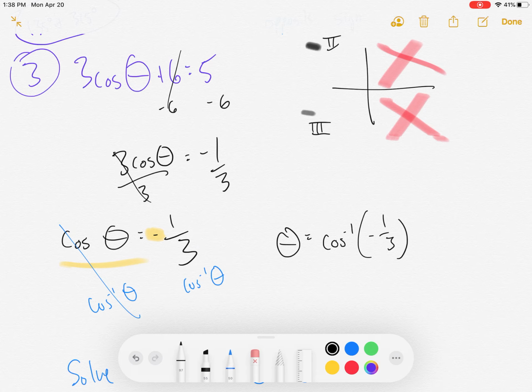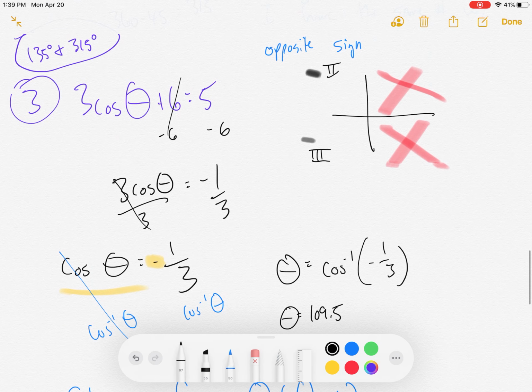So on that calculator, hit the cosine -1 button. Again, it should say arc cosine on your screen when you hit that. Then type in -1 divided by 3, close your parenthesis, and you should get theta equals 109.47. I'm going to call it 109.5. That's correct. Okay.